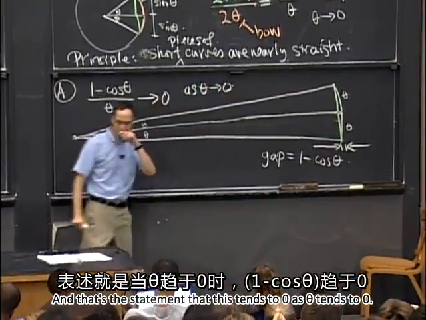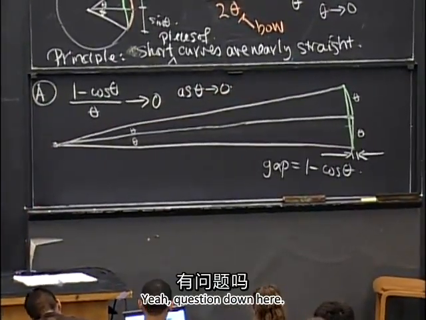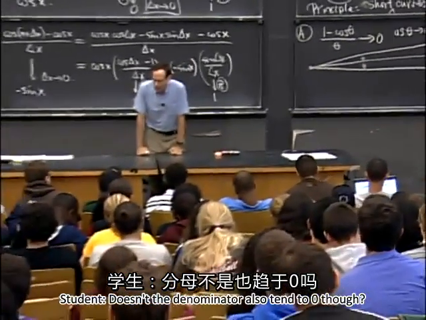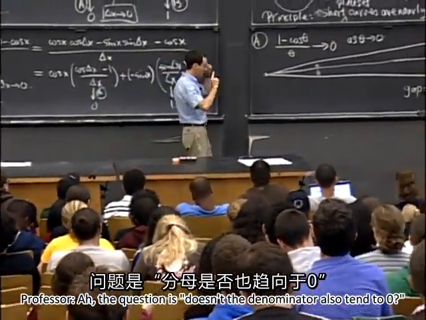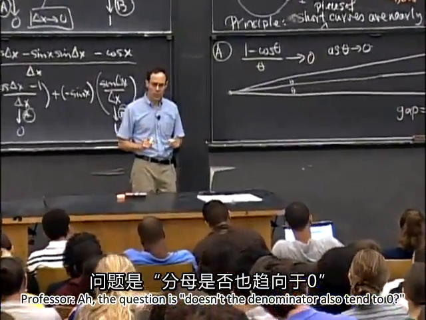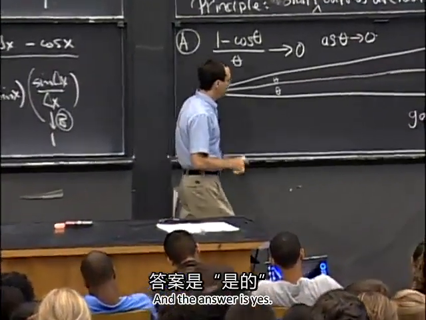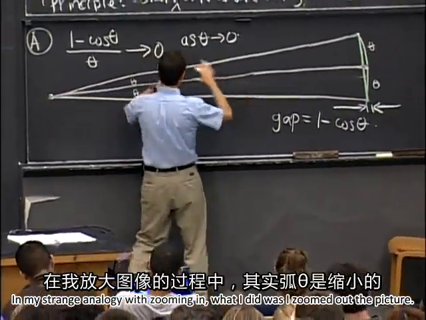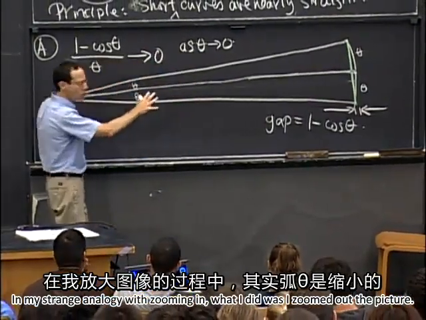All right, the scaled version of that. Yeah, question down here. The denominator also tends to 0, though? The question is, doesn't the denominator also tend to 0? And the answer is yes. In my strange analogy here with zooming in, what I did was I zoomed out the picture.